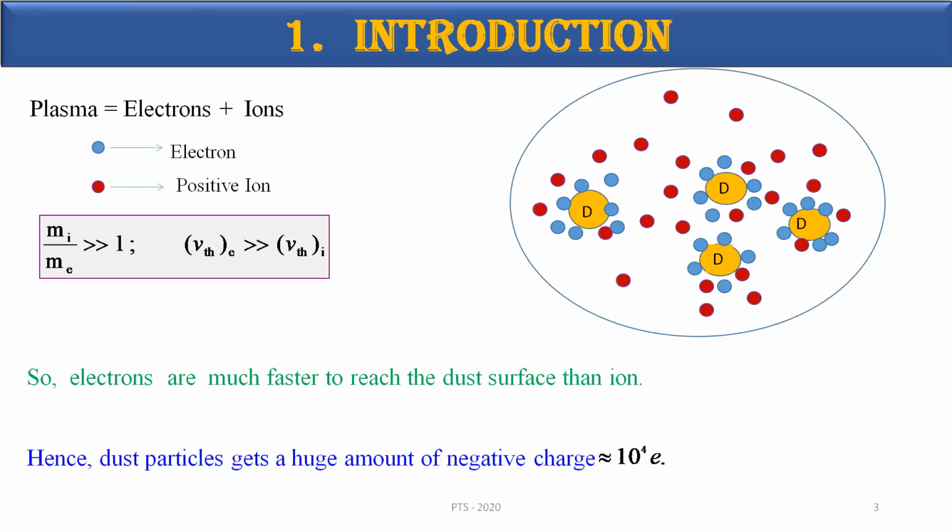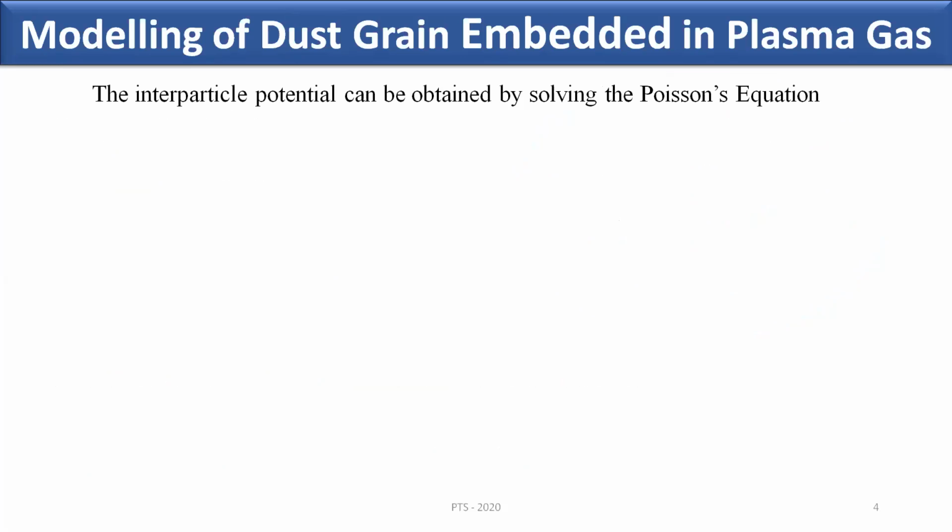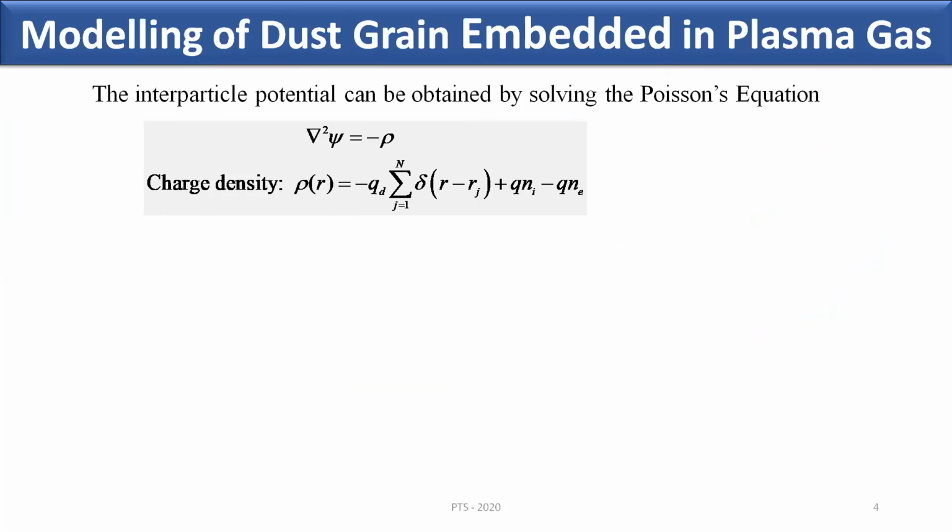The amount of charge which the dust can acquire is of the order of 10 to the power 4 electronic charge. So this is how the dust is charged, and this kind of charge, when present in the electron-ion plasma, can be modeled using the Yukawa model.